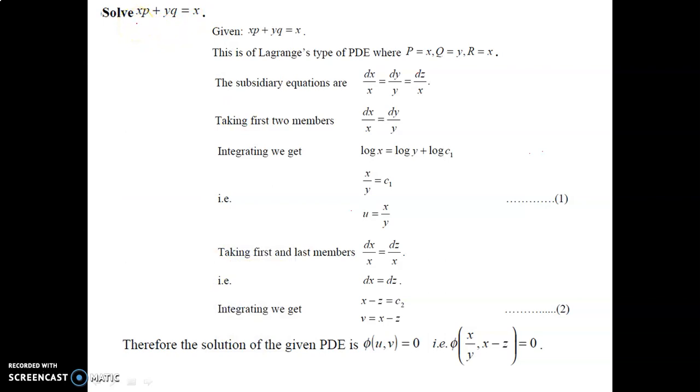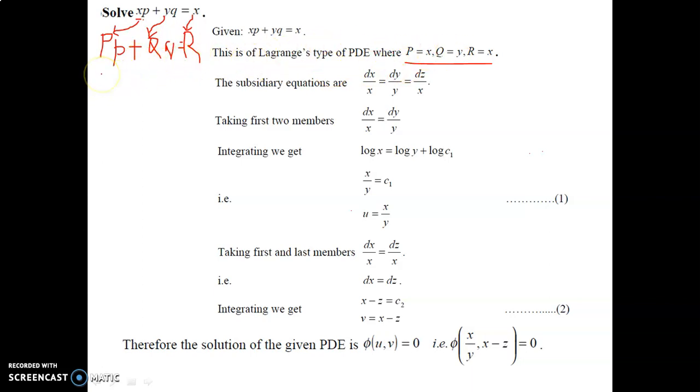We know that the Lagrange linear equation is given by capital P p plus capital Q q equal to capital R. When we compare, we can conclude that x is equivalent to capital P, y is equivalent to capital Q, and x is equivalent to capital R. So P equal to x, Q equal to y, R equal to x. This is your first step: try to identify capital P, capital Q, capital R.